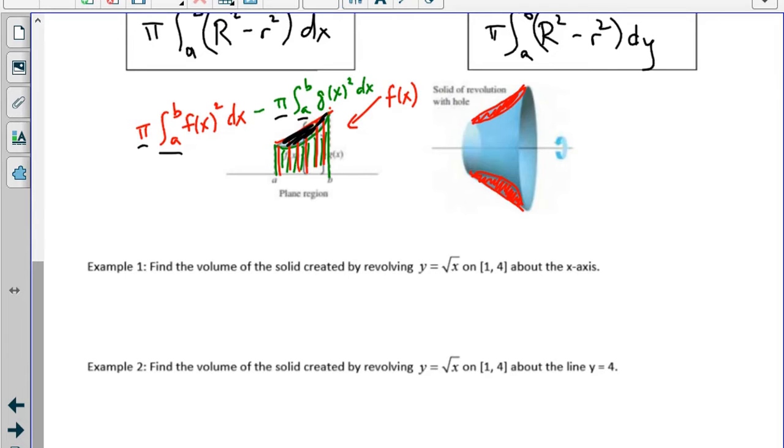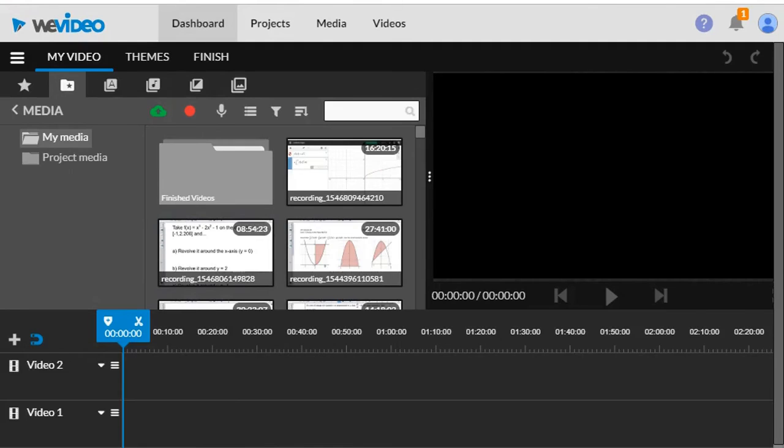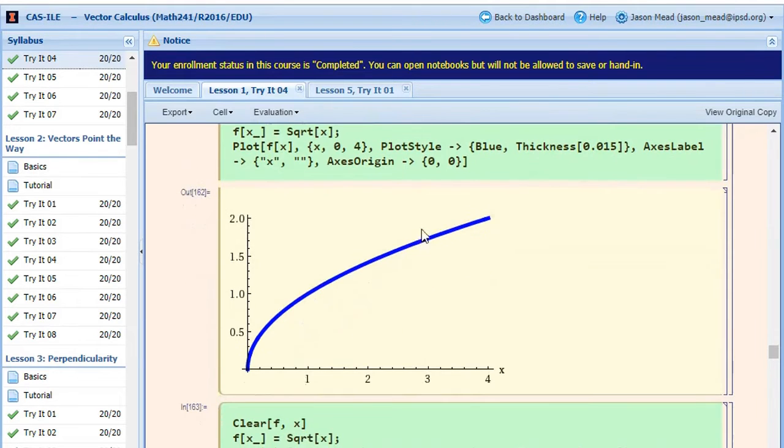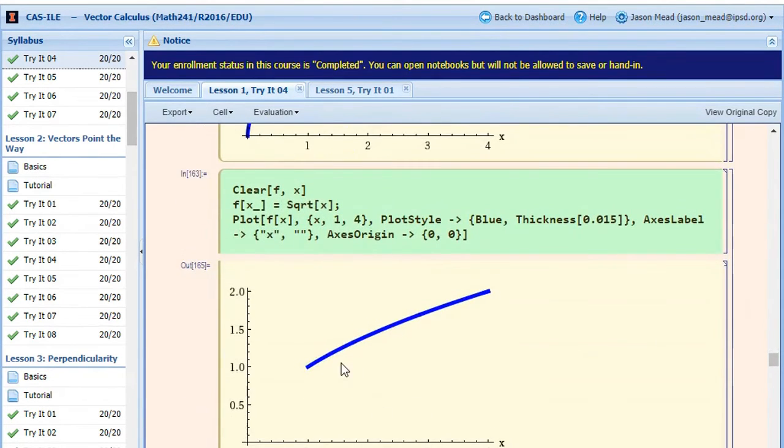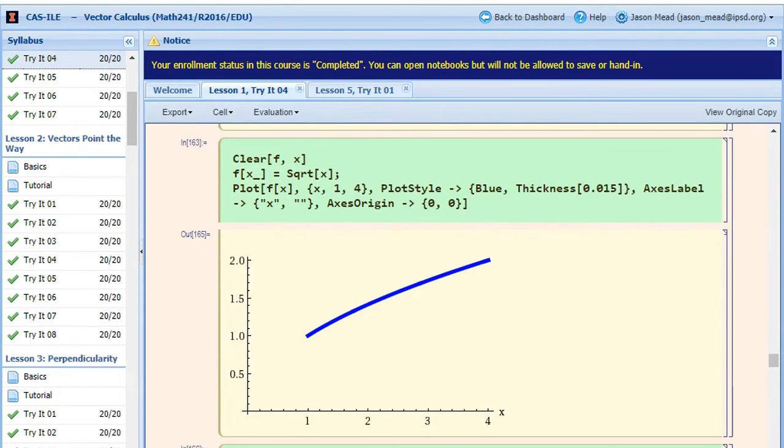So in order to do that, I'm going to try and use as little of my drawings as possible. If we take a look here, I graphed square root of x from 0 to 4, and then I just graphed it from 1 to 4. So if we cut it off at 1 to 4, that's what it looks like.